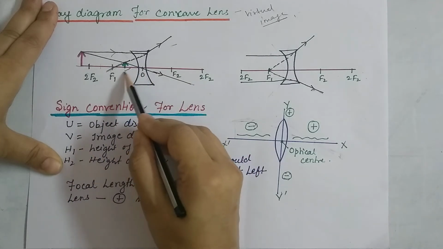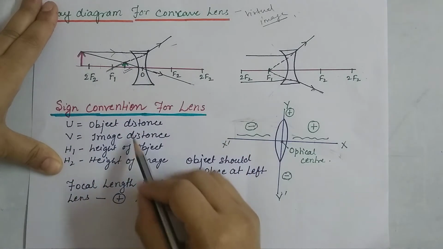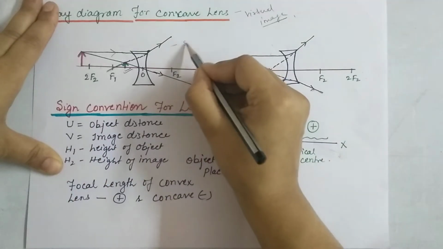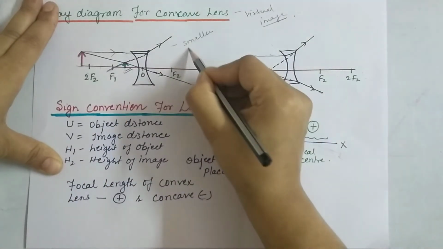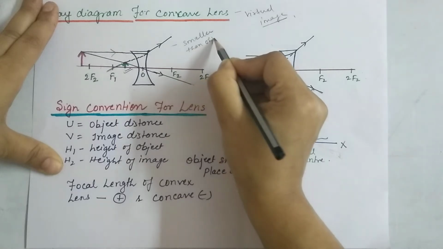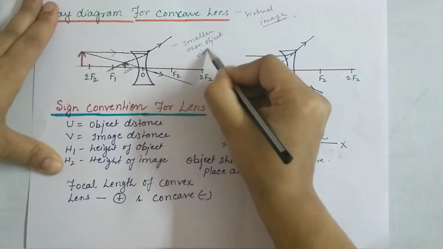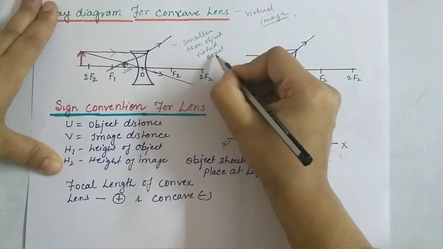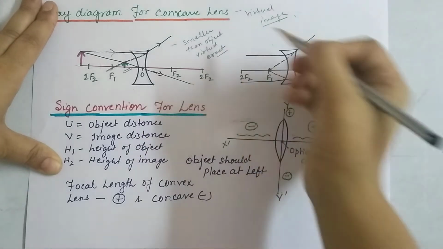So the image formed is smaller than the object, and a virtual and erect image you will get.